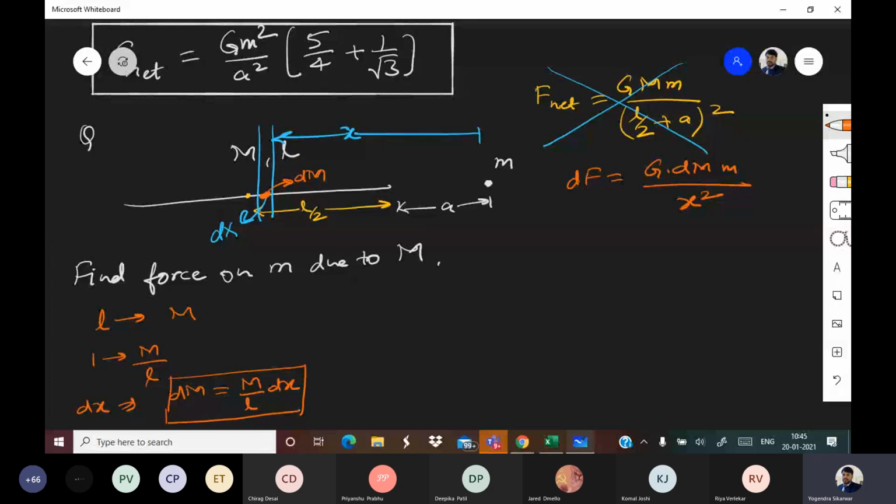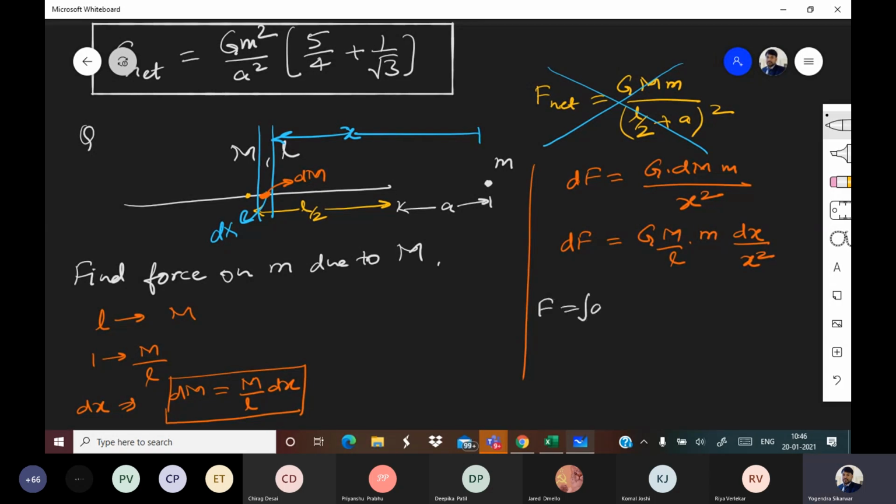So dm is equal to M by L dx. So from here, dF is equal to G into M by L into small m into dx upon x square.